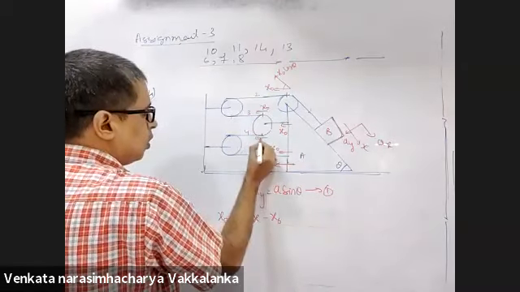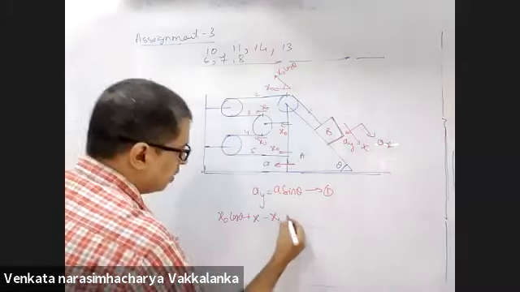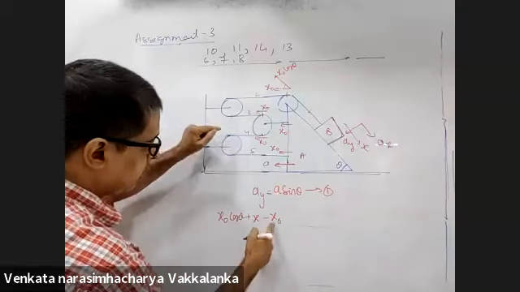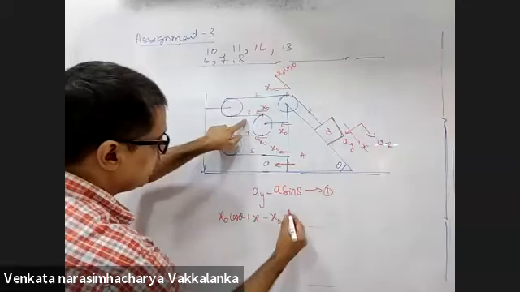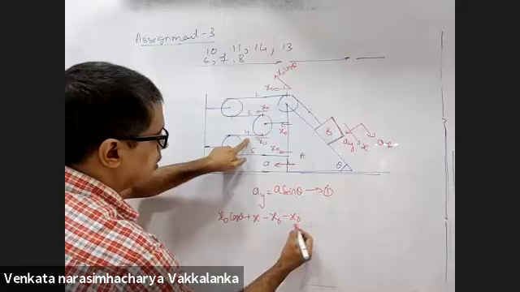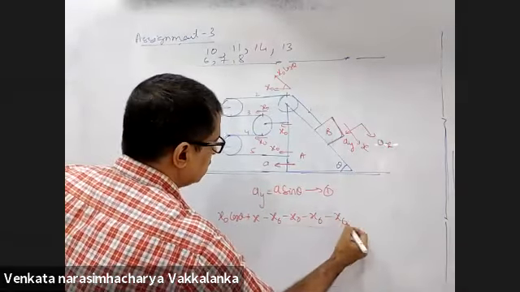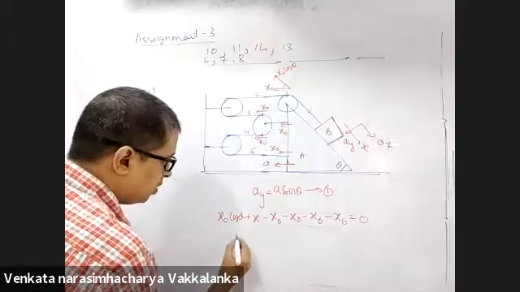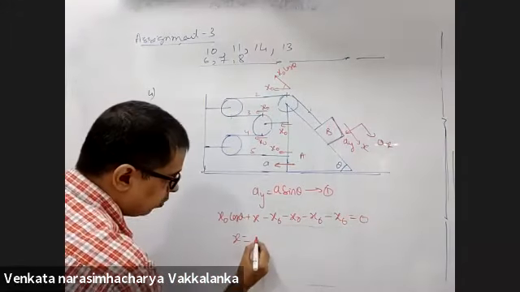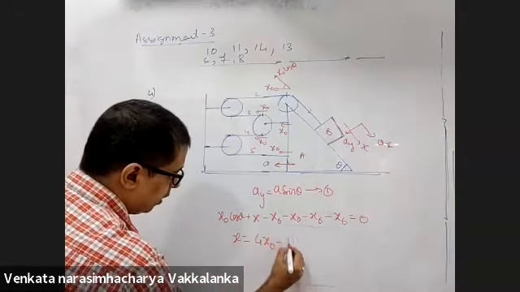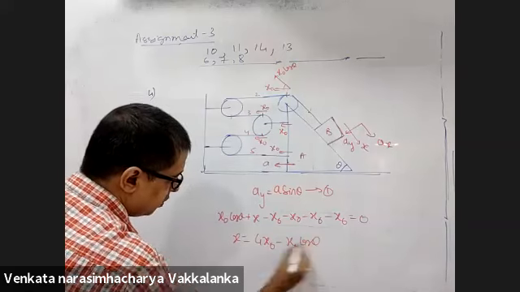Segment 3, this is segment 2, right? Segment 3 is minus x naught. Segment 4 is minus x naught. Segment 5 is minus x naught. Sum total should be 0. x is equal to 4x naught minus x naught cos theta.